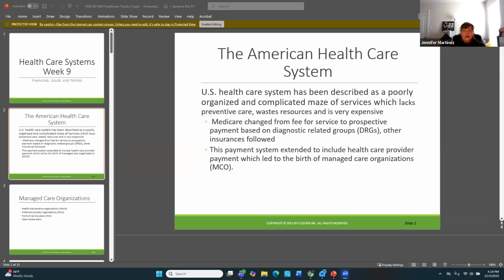Every president, every leader, I think, has tried to step in and make the healthcare system a little bit better as we go.